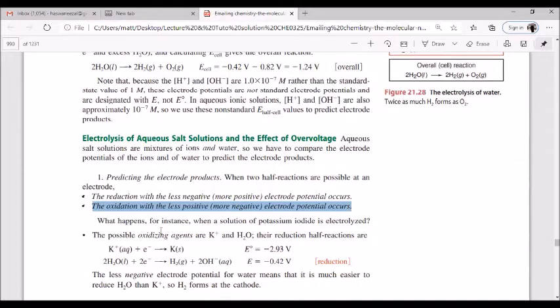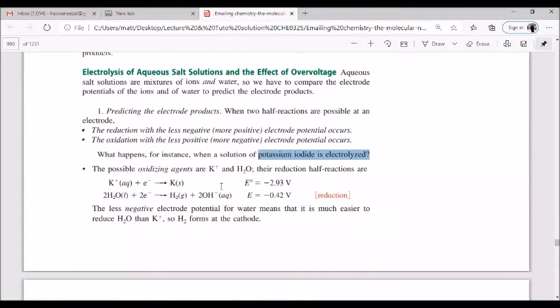For example, what happens when a solution of potassium iodide is electrolyzed? We can see here the possible oxidizing agents are K+ and H2O. For K+, which undergoes reduction, this is the value: negative 2.93.